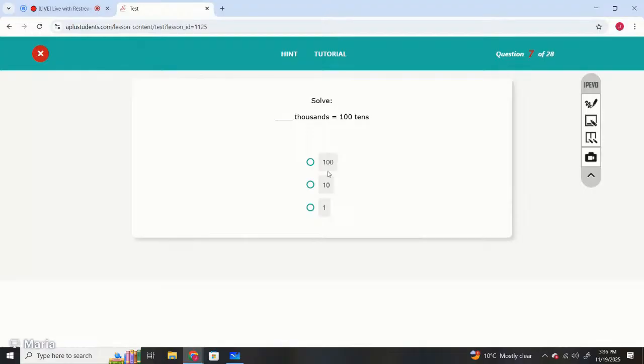100 tens equal how many thousands? 100 tens equal 1000.